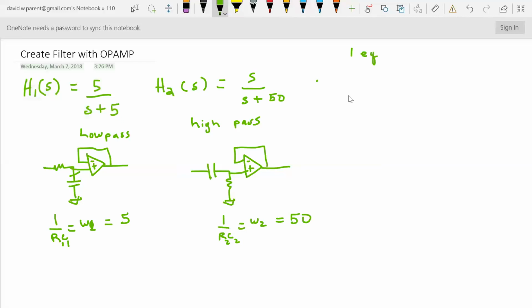One equation, 1 over RC equals 5. Two unknowns, R and C. What do you do? Does anybody know? You should know from 98. How do you solve that? How do you go about it?